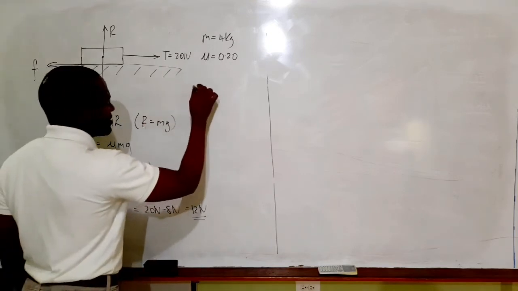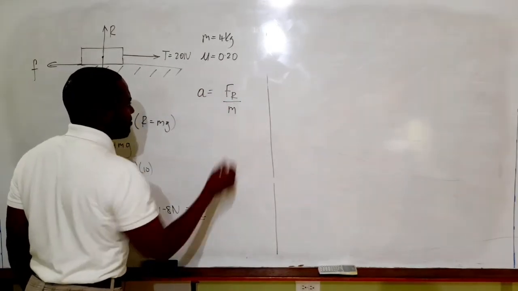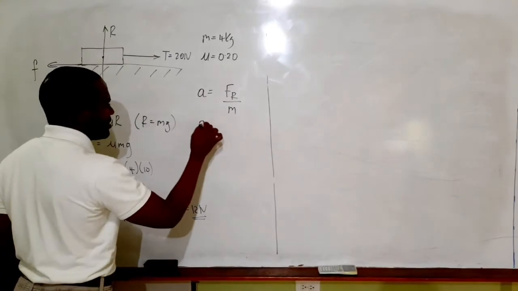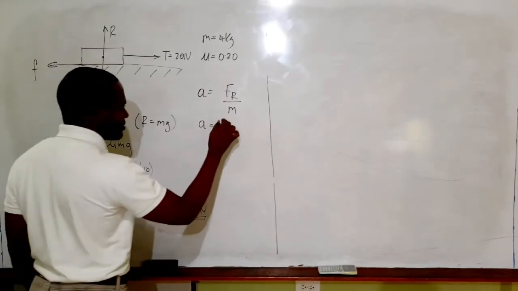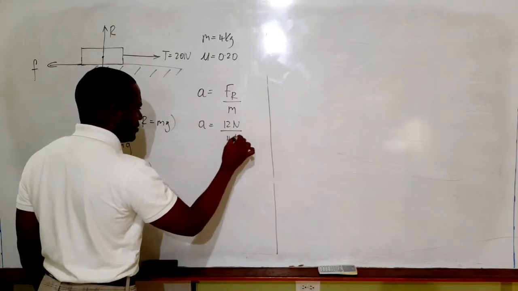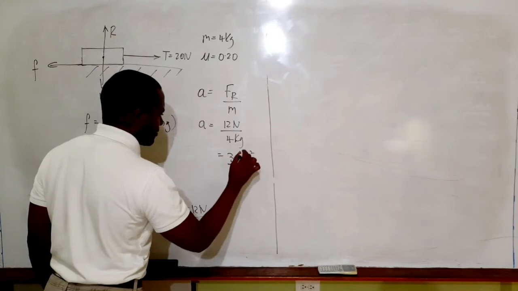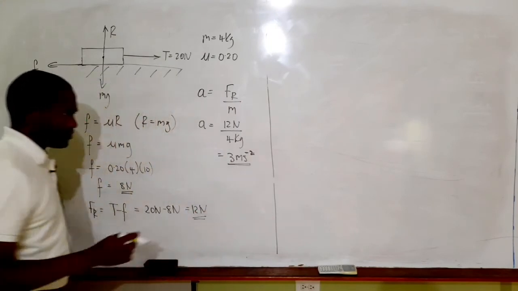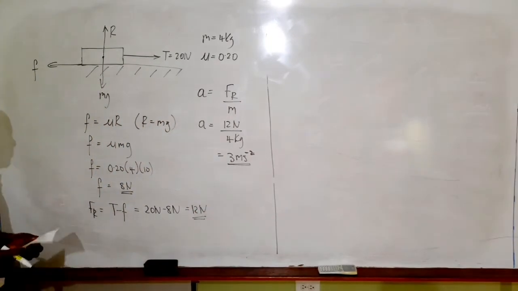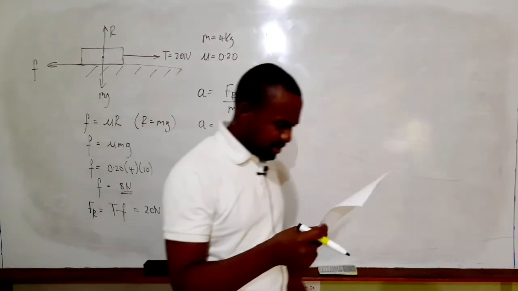So the acceleration A is equal to the resultant force divided by the mass. Therefore A is equal to 12 newtons divided by 4 kgs, which gives us 3 meters per second squared. So the acceleration of the body is 3 meters per second squared.